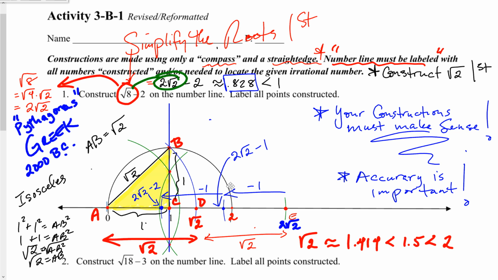The key was to construct root 2, because when you simplify root 8, as you see over here on the left, it is root 4 times root 2, which equals 2 root 2. So you have to know how to construct root 2, which we did in prior lessons.